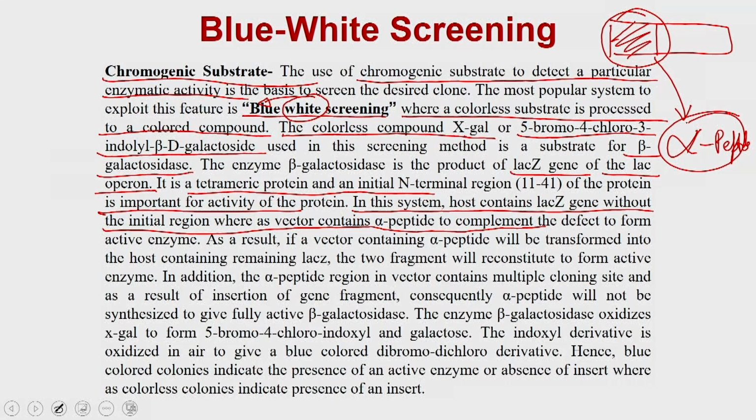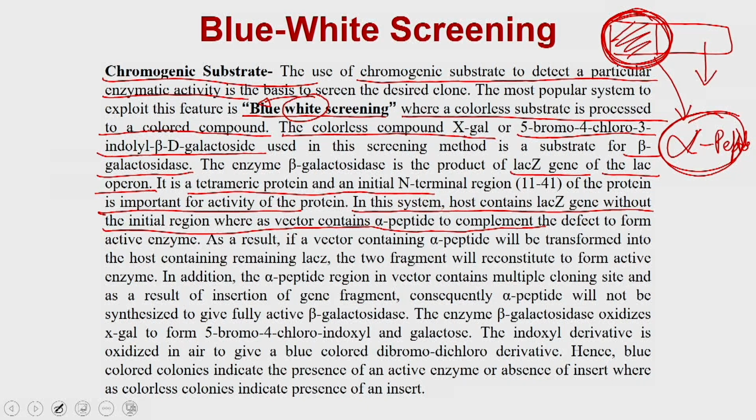So, if you have a bacterial strain which does not contain this particular region, then the LacZ you have is not going to be functional. In that case, you design a vector which is going to express the missing portion, called the alpha peptide.